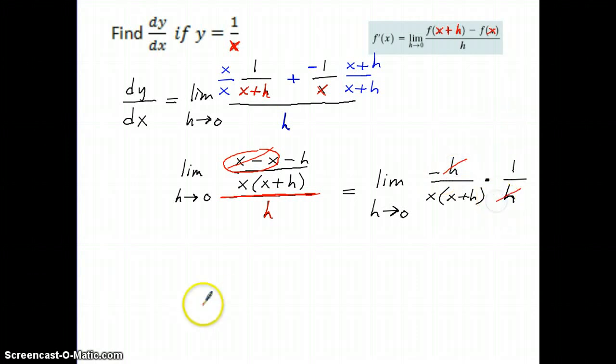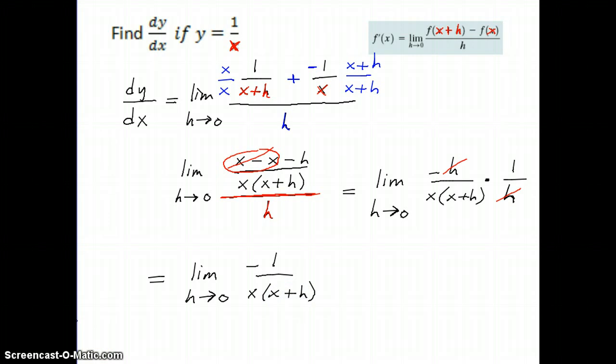So inverting and multiplying gives us the ability to cross off some h values. And now we are left with the limit as h goes to 0 of negative 1 over x times x plus h. And what can we do to simplify from here?